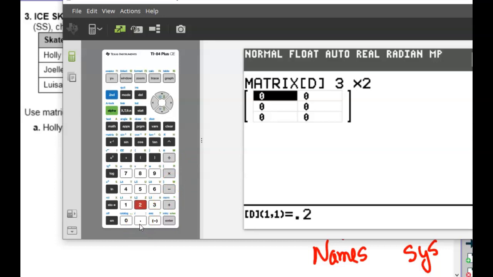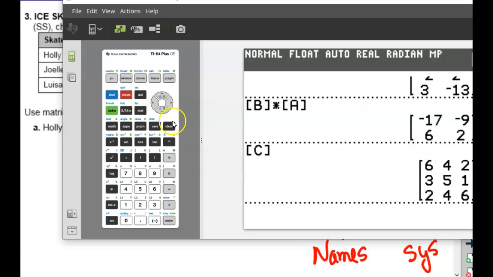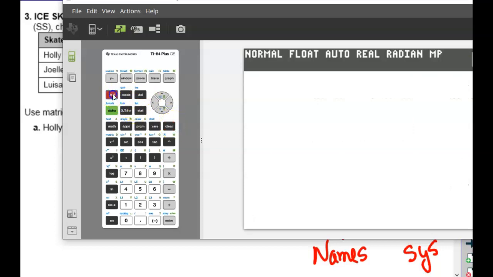0.2. 0.2. 0.4. Across is 0.4? Yep. Okay. 0.5, 0.3. Do I have it right? 0.2, 0.4, 0.5, 0.3, 0.3, 0.3. Okay. So now what do I want to do? Yes, I put those in C and D on mine.